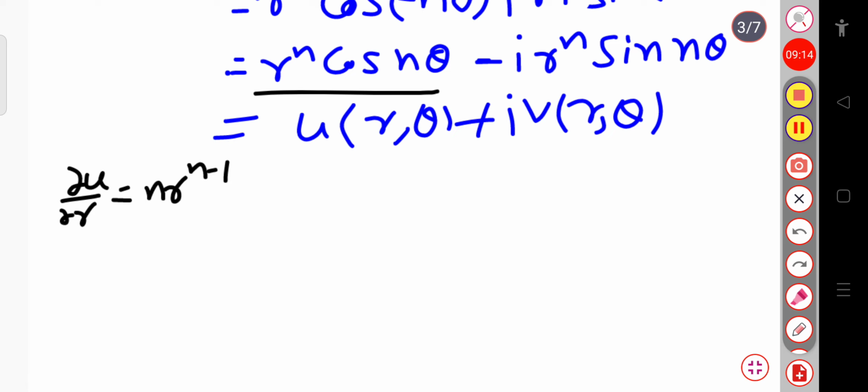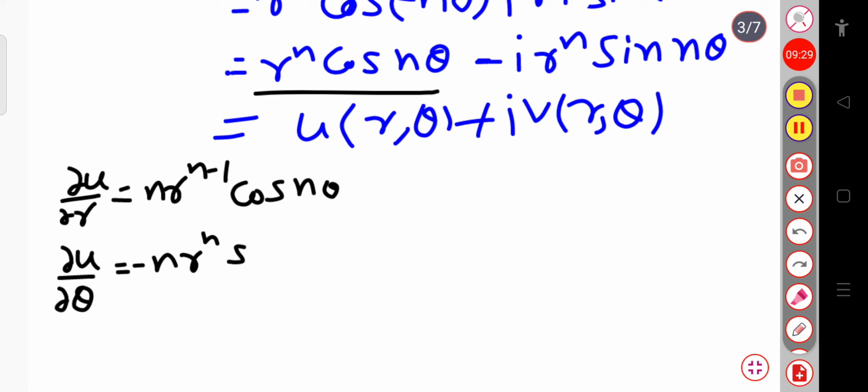Similarly, dou u by dou theta will be minus n r power n into sin n theta. This is the simple derivative.